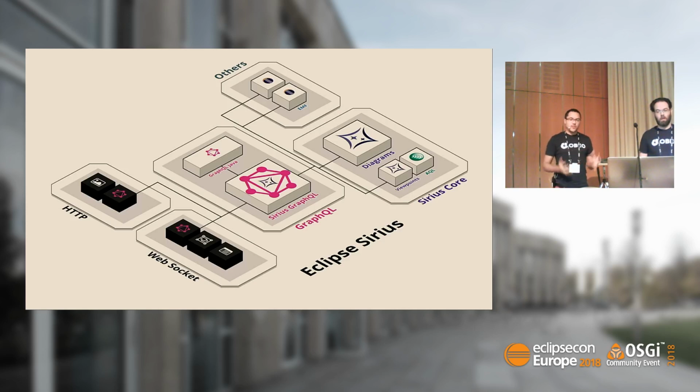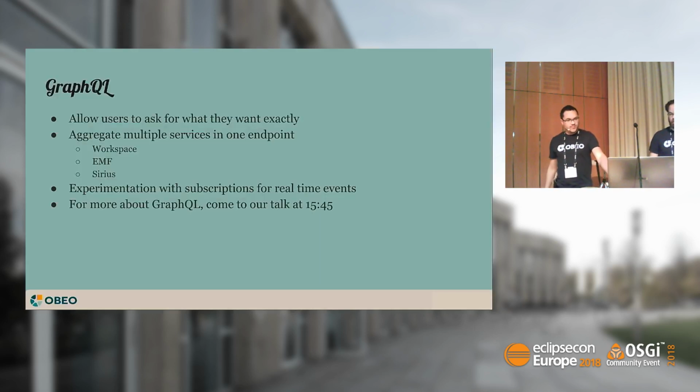And on top of all that, we have built our HTTP API thanks to GraphQL and the Java implementation of GraphQL, and we are exposing those features thanks to HTTP and WebSocket, along with other capabilities like the manipulation of diagrams thanks to our WebSocket API.